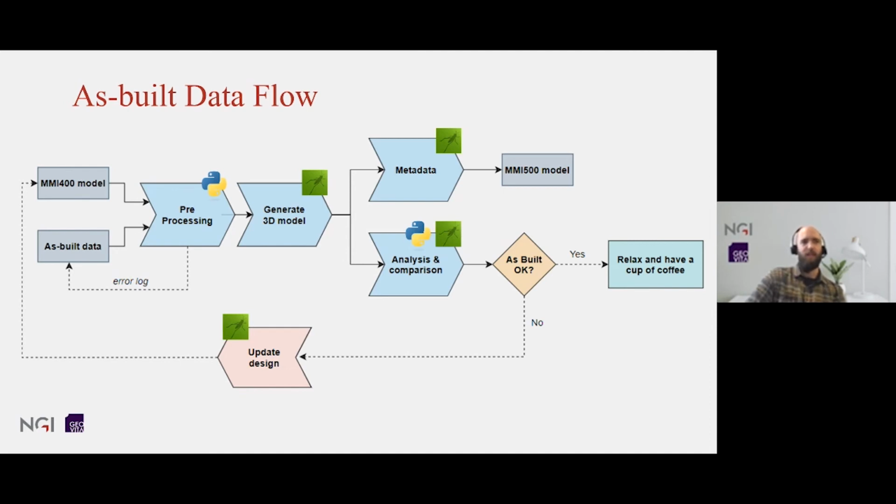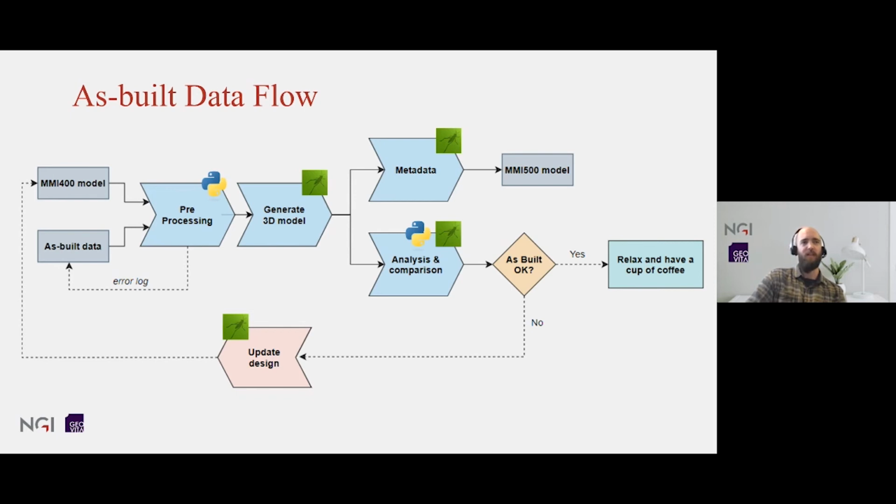First we take the ready for construction model and break it down into a data table and merge it in Python with the as-built production log that we receive from the subcontractor. Here it is important that you, at the start of the project, create a unique key for each column, preferably the column ID, because this is what you can use to merge the design and the as-built data tables.